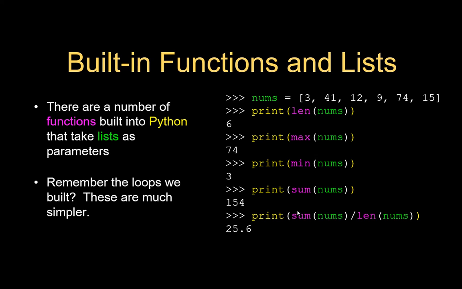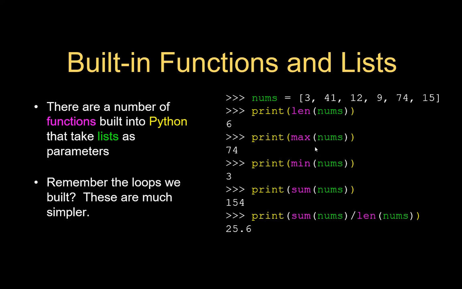Okay, so next we're going to talk about the built-in functions that we have. We have our list here. The first function we're going to call is len, which gives us the length of this list. Here it is 1, 2, 3, 4, 5, 6, so this is 6.